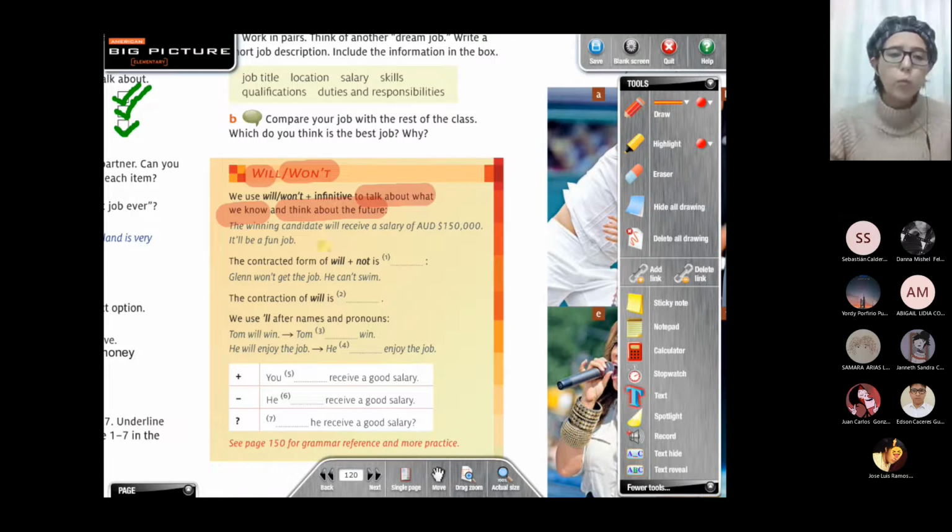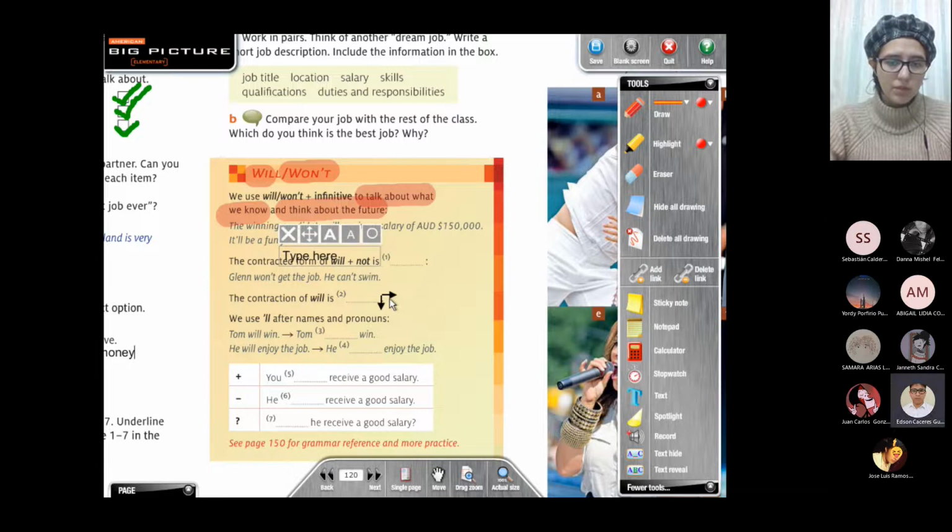Edson, if you have will not, how can we make it shorter? ¿Cómo podemos juntar esas dos palabras? Will not. Usando un apóstrofe y colocando una T. Yes. So the negative form will be won't, right?